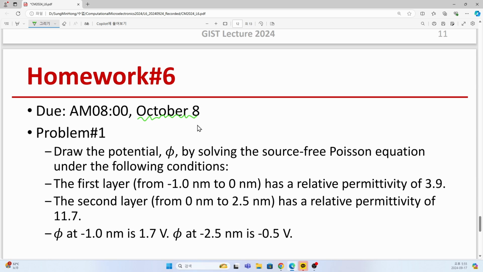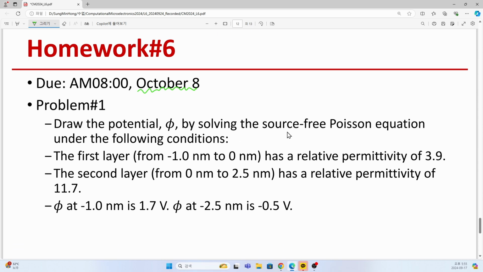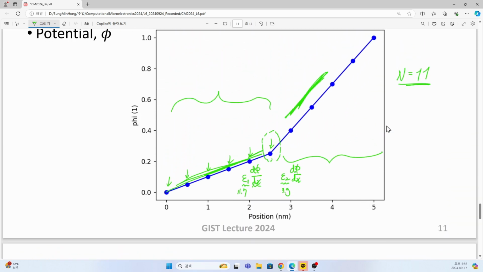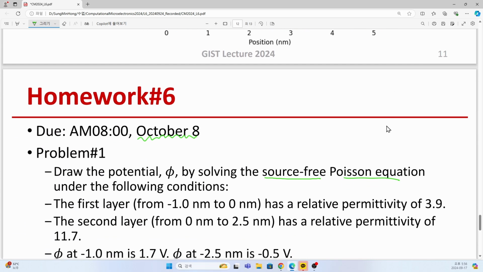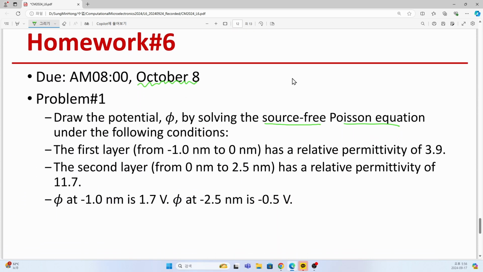In this case, the problem is quite simple. Just solve the source-free Poisson equation, as we did in this example, but instead of the 2.5 and 2.5 case, now we have a 1 nanometer thick oxide layer and a 2.5 thick silicon layer.